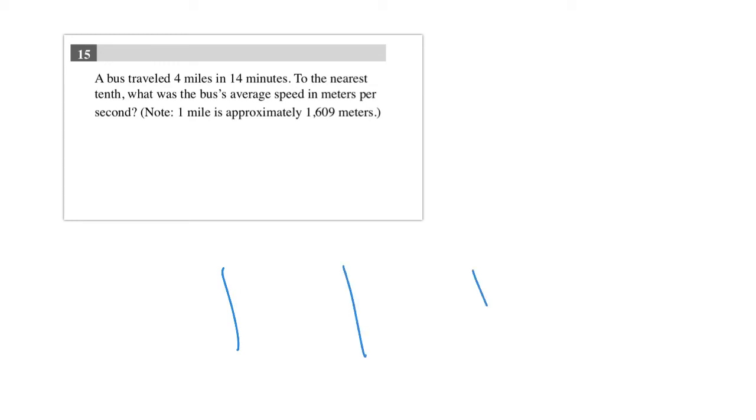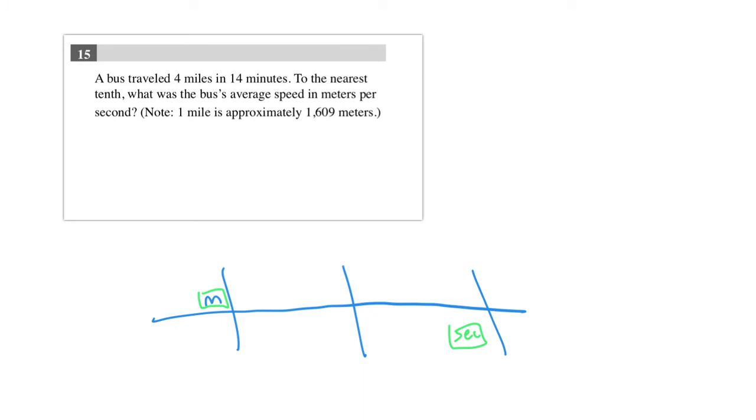We want it to be meters per second. So I'm going to force the word meters to be up here. I'll just use M for meters. Okay. And we're going to want to keep that word up there. And ultimately, we're going to want the word seconds down below, somewhere over there.